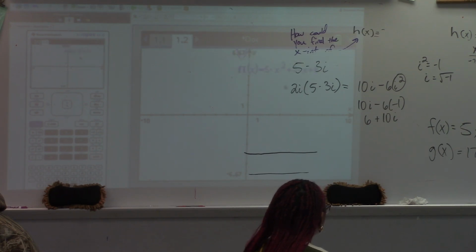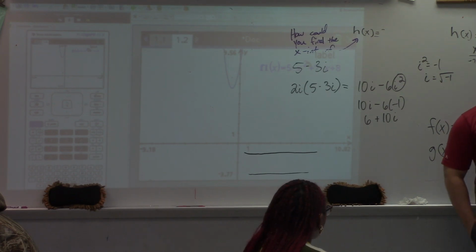Does it look like it has 2 roots to you? No? Why not? Why does that not look like it has 2 roots? It doesn't come close to what? X-axis?